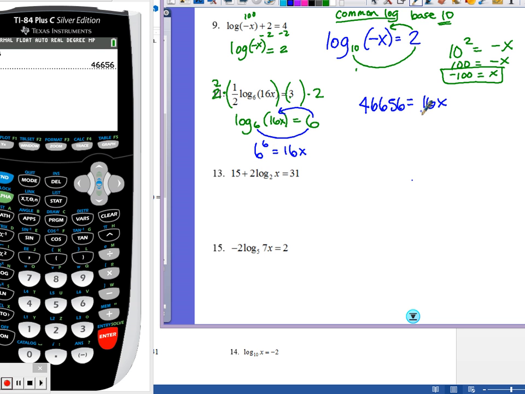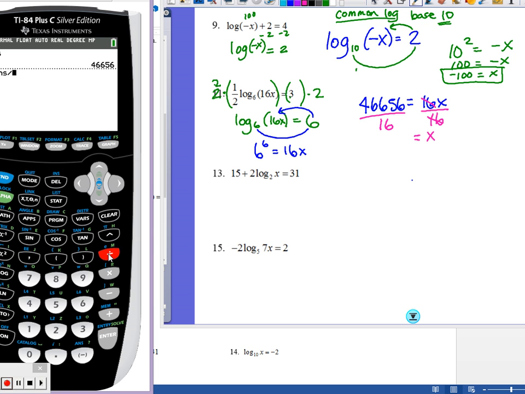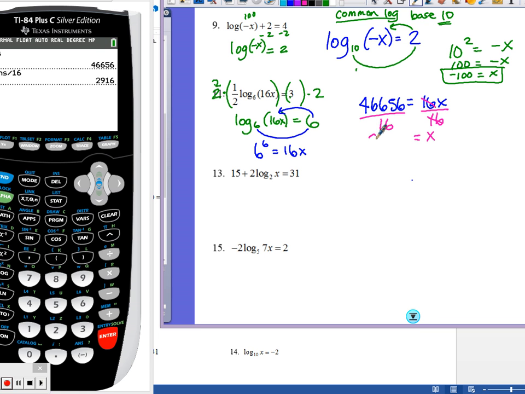Then I want to do one last step to get x by itself. Divide by 16. So what does x equal? Divide by 16, and we get x equals 2,916. I want to double check if I plug that number back in, will this be positive? Yes, it will. So we're good to go.